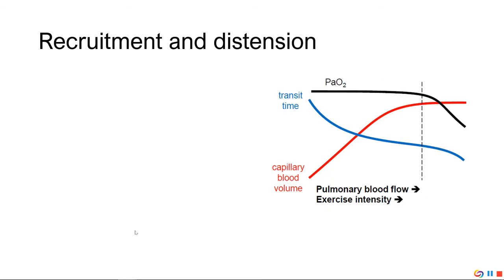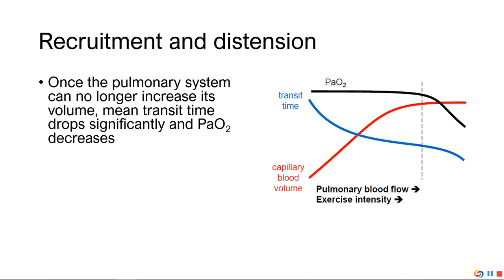All right, so there are going to be times, though, where this still isn't enough. Transit time won't be big enough. Okay, eventually it is possible in some people that the pulmonary system can't increase its volume enough to accommodate this increased flow due to increased cardiac output. Okay, and so that's what this figure is trying to show here, is that the blue line is transit time, the red line is pulmonary capillary blood volume, and then the black line is arterial oxygen.